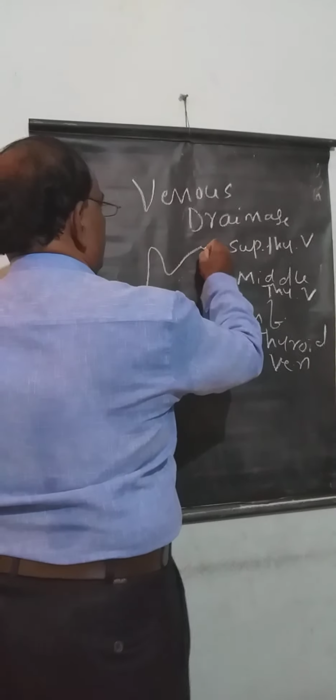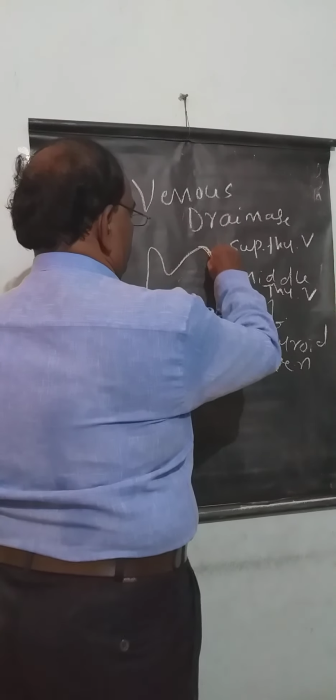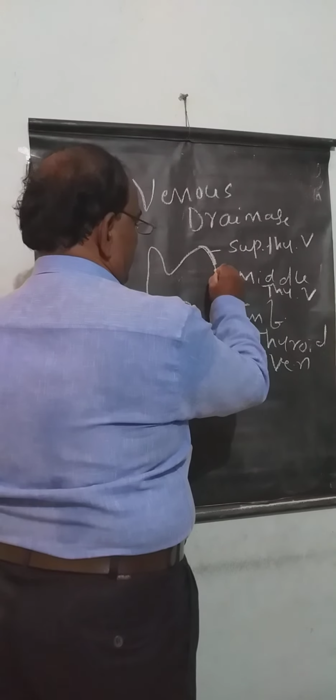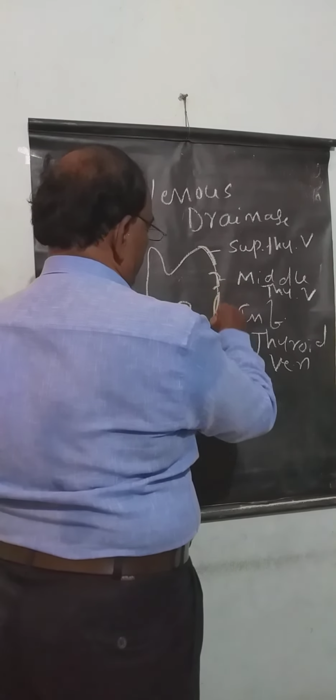Three veins are here: superior thyroid vein, middle thyroid vein, which is small and wide, and inferior thyroid vein.